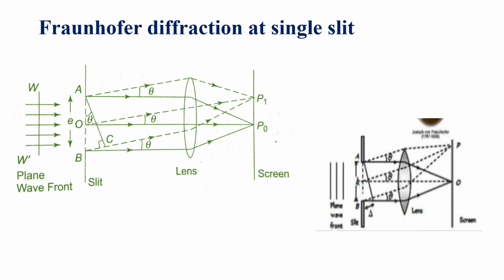Let us now look into Fraunhofer diffraction at a single slit. This is a slit. You have a lens. The rays of light coming out from the plane wavefront are made to be incident on the screen.